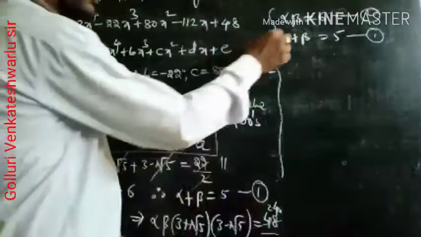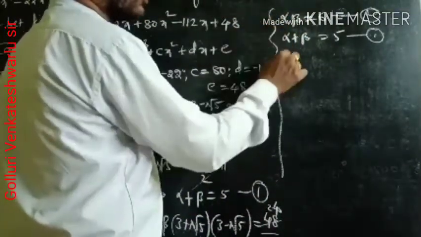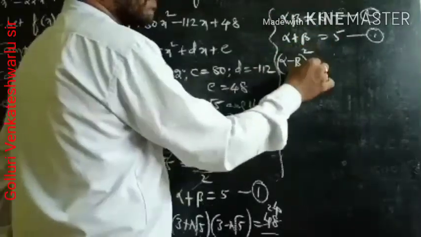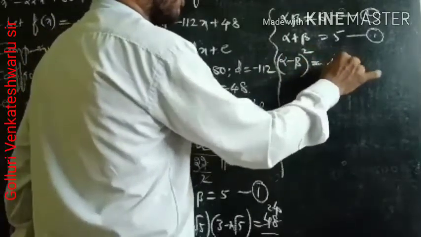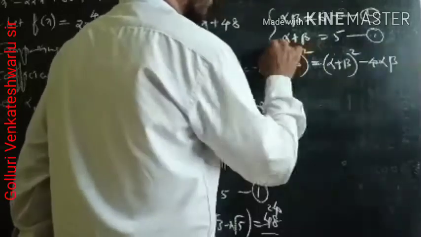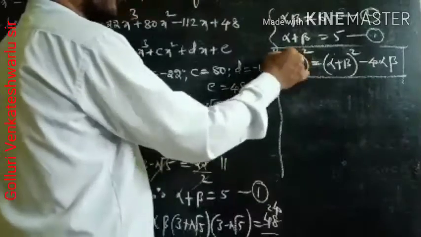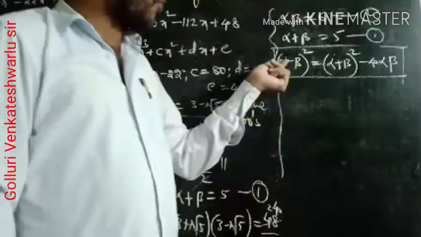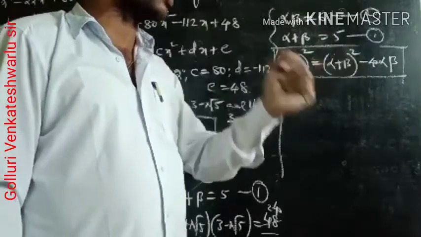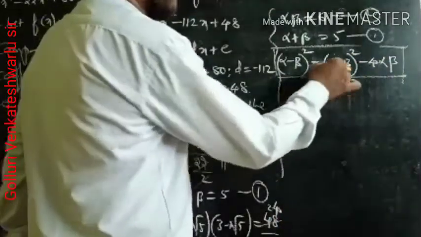So what is the answer? If we know the sum of zeros and the product of zeros, alpha minus beta whole square is equal to alpha plus beta whole square minus 4 times alpha beta. This is the relation between alpha and beta.